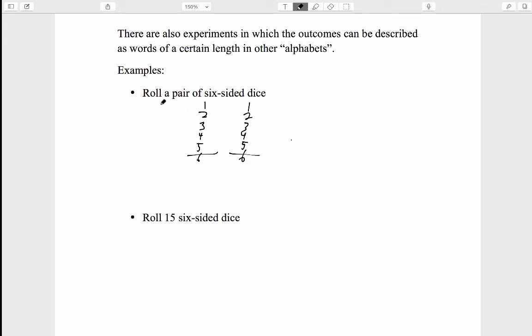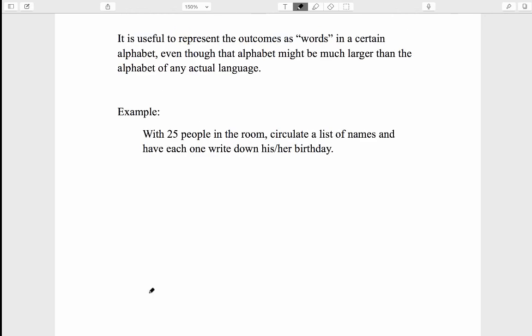But once we understand that the outcomes can be written as 2-letter words in a 6-letter alphabet when we roll 2 dice, then the thinking is exactly the same when we roll a much larger number of dice, such as 15 dice. Then we have many stages to the experiment, I won't even write them all. And in each one there are 6 possibilities, so the outcomes can be thought of as 15-letter words drawn from a 6-letter alphabet. This process of representing outcomes as words is still useful even when the alphabet needs to be much larger than the alphabet of any actual language.